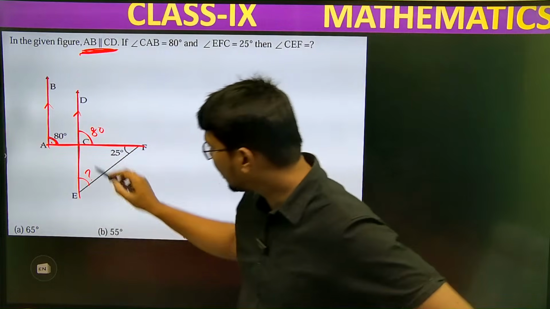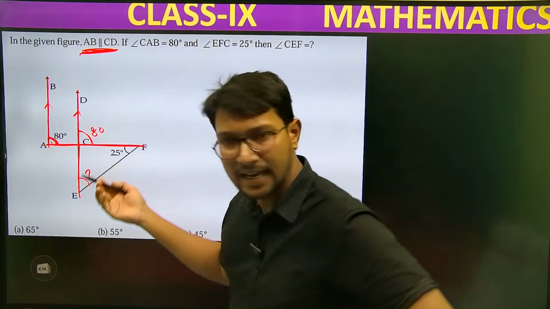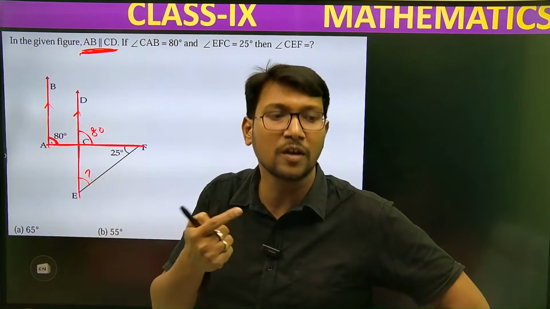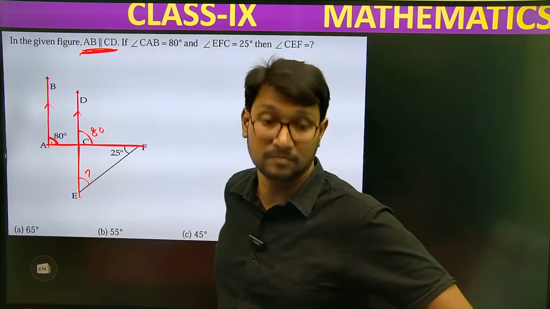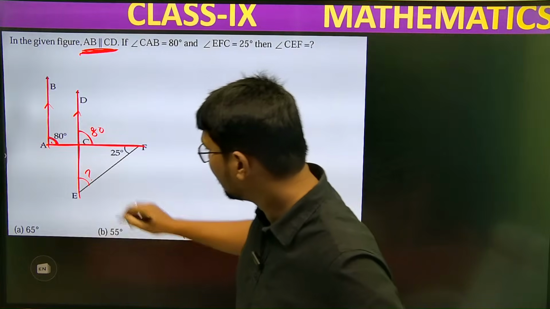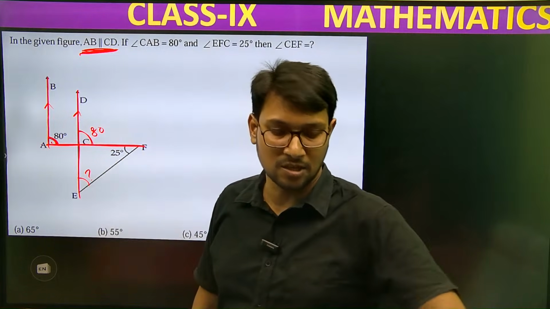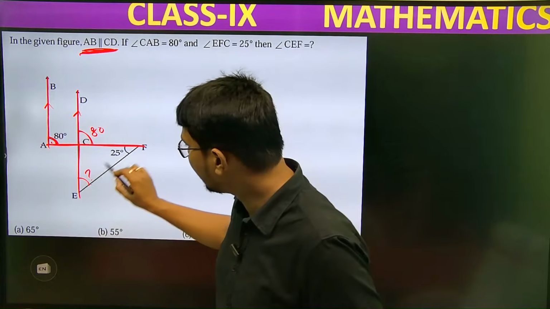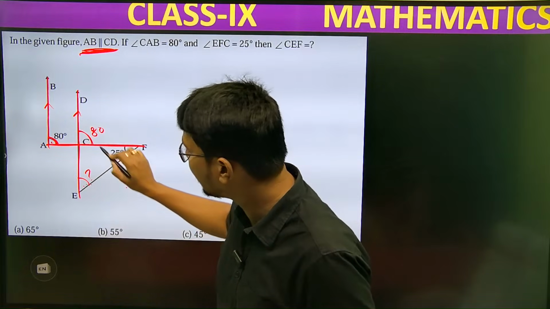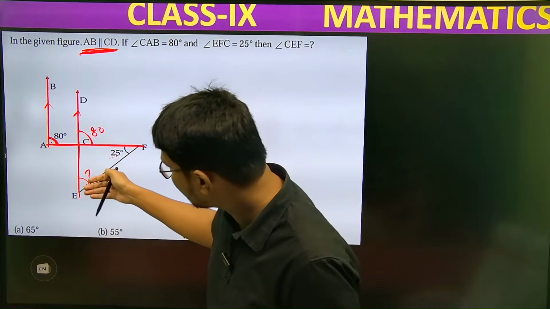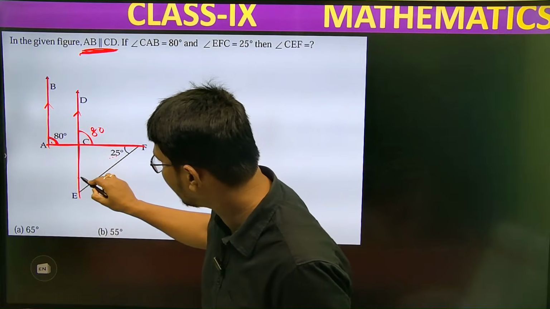Now check carefully, what is CEF? It is a triangle. Either use the angle sum property of a triangle or use the exterior angle property. The exterior angle is equal to the sum of the two interior angles. It is asking for angle E, let E be x.